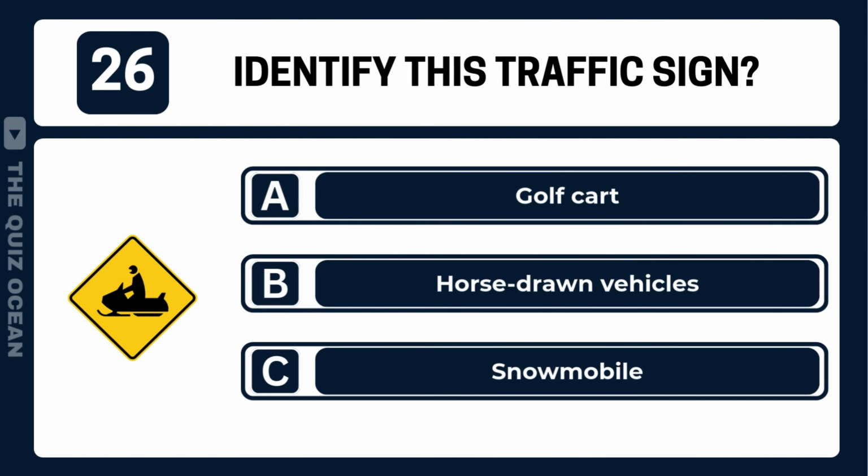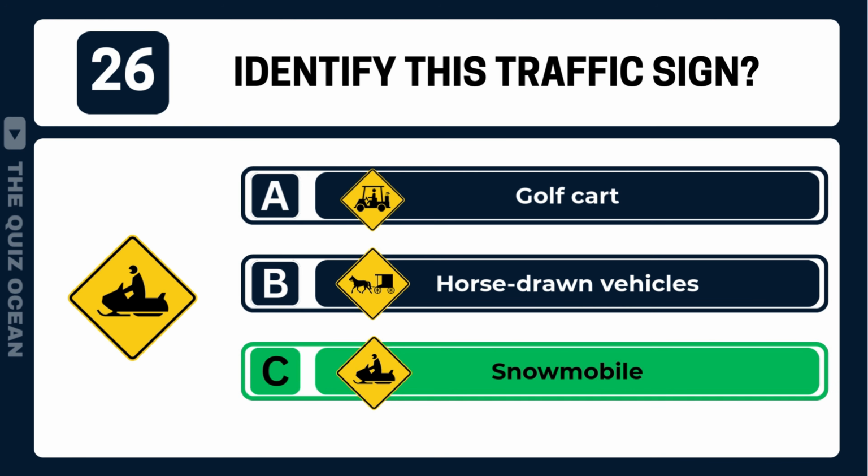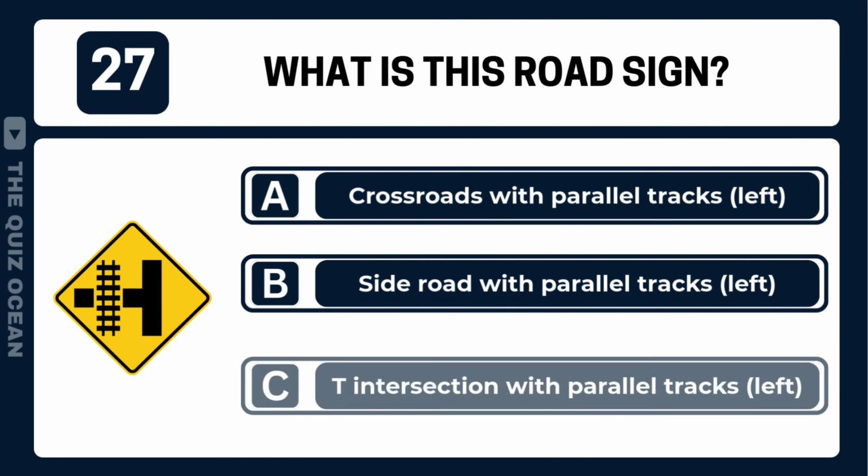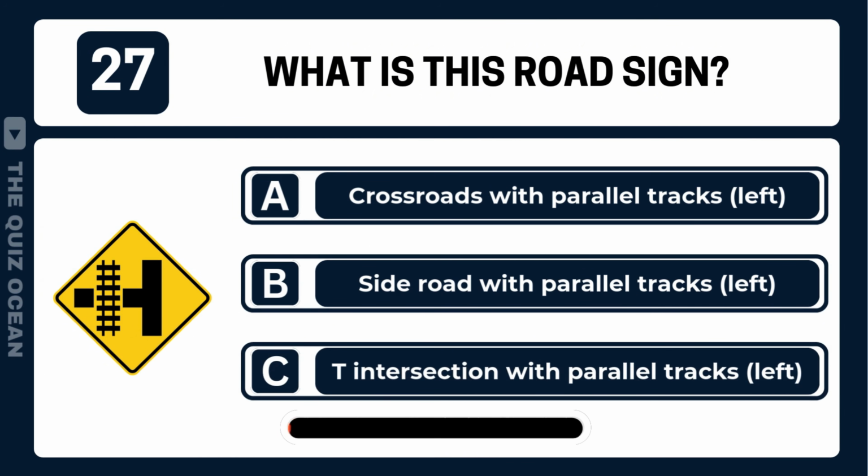Question 26. Identify this traffic sign. The answer is C. Snowmobile. Question 27. What is this road sign?